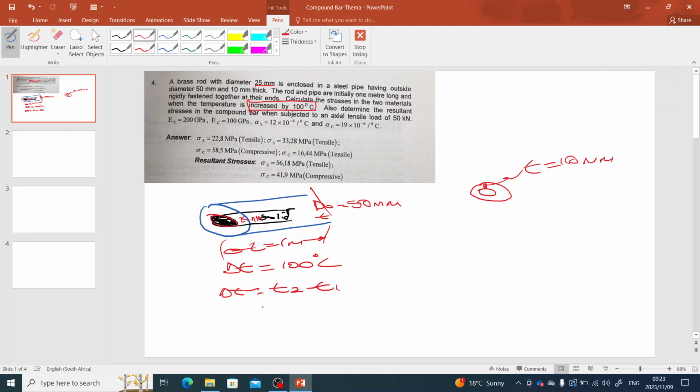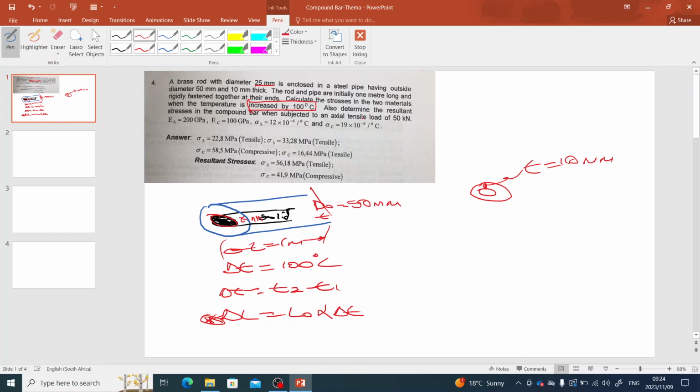Now, how do we calculate the change in length as a result of heat? The change in length equals L0 times the coefficient of linear expansion times the change in temperature. Don't forget that formula.